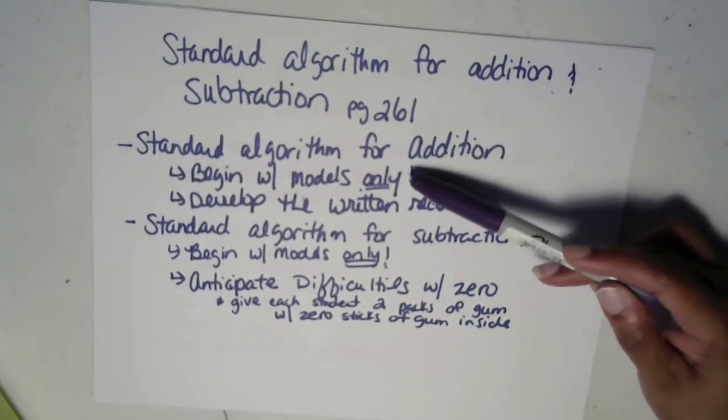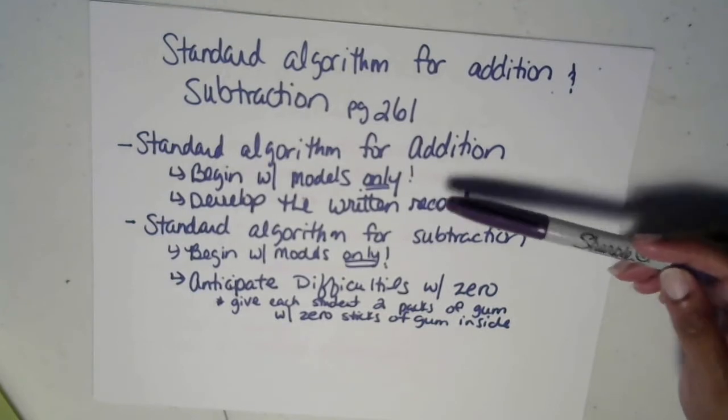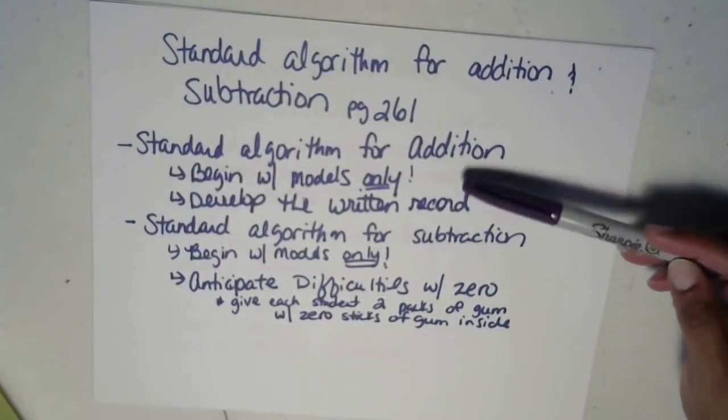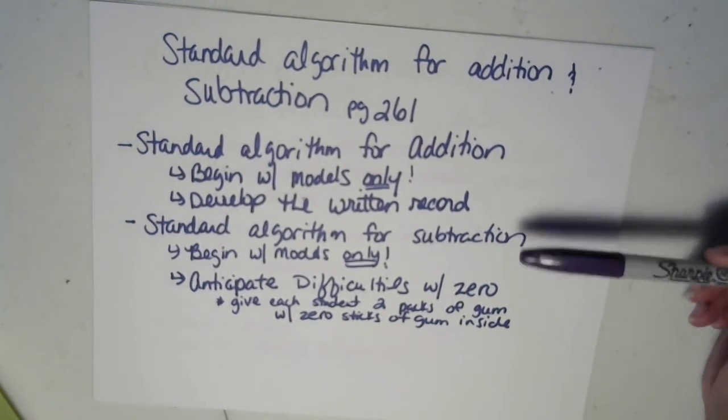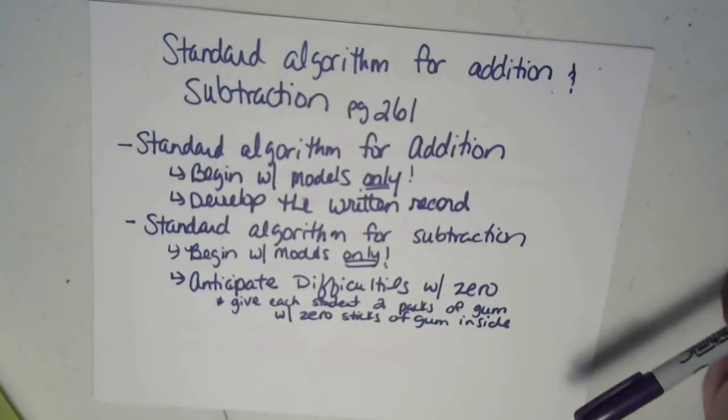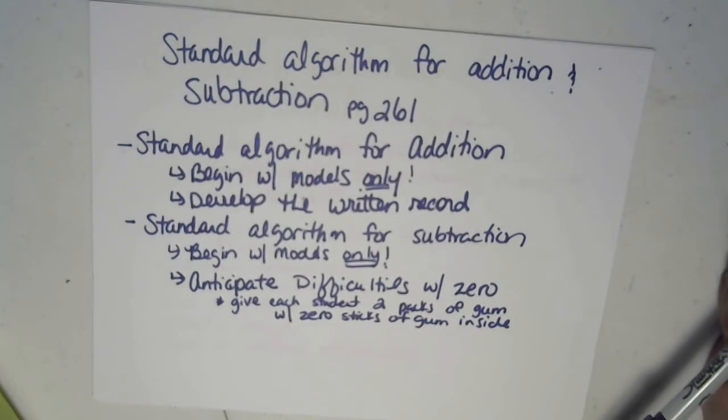Begin with models only, and then make sure that they have a written record of what they're modeling. So I told you just now about the customer and the bank. I use that one because you want something that's relevant. And most of them, if they don't go to the store, they want to go to the store. They've seen the store. That's a transaction that they can handle.